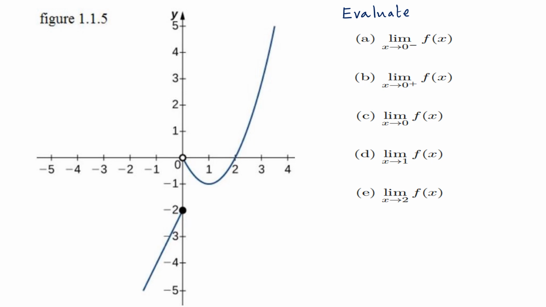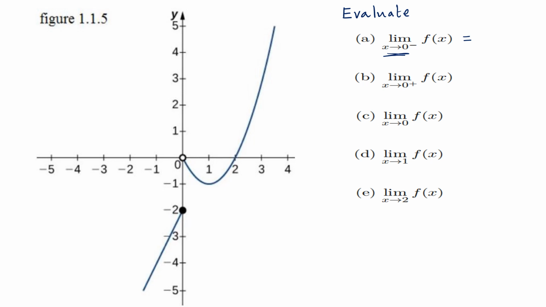Here we have some questions. Evaluate the following limits from the figure. Some graph is given. From the graph, we can easily find the left limit, right limit and everything. So for the first one, you have to see the limit of f(x) when x tends to 0 from the left side.